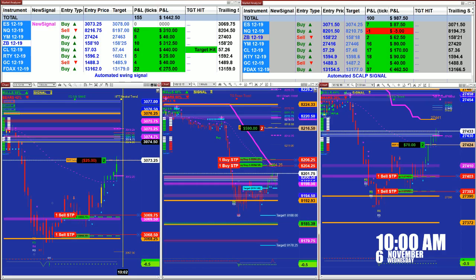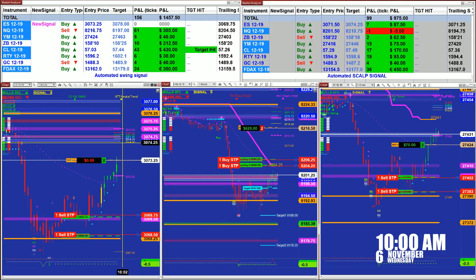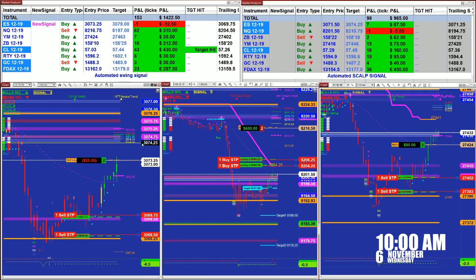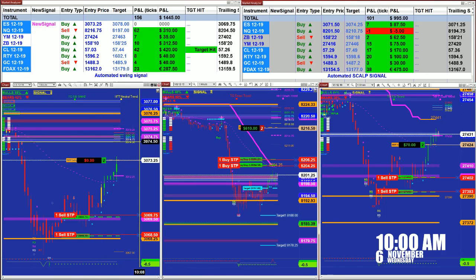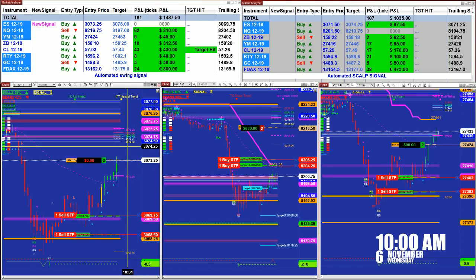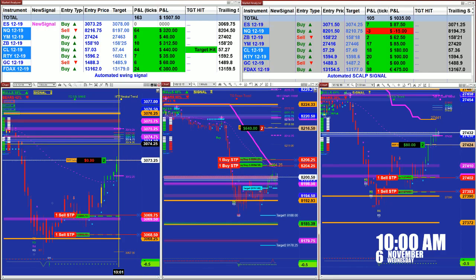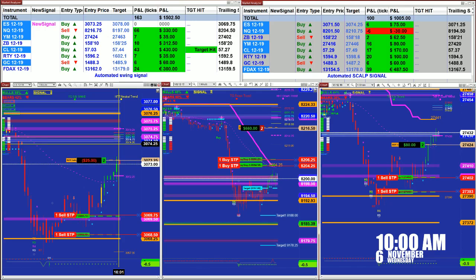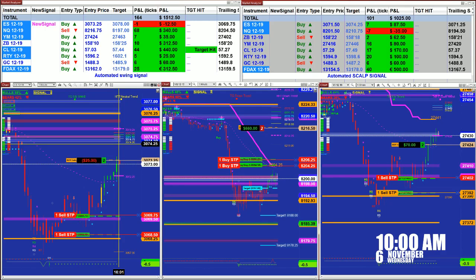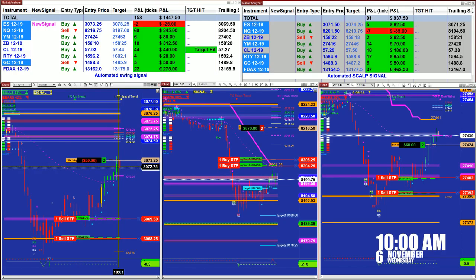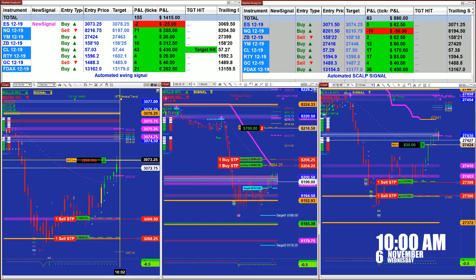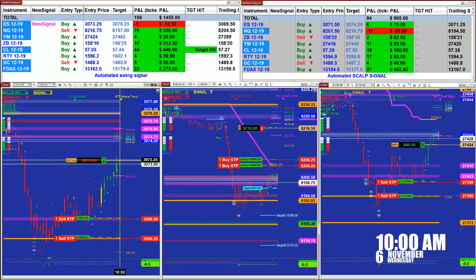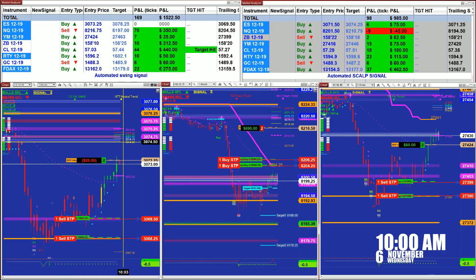So, as we see right now, the ES has fired a new signal. You can take it if you want to, but you need to exit at 74.25. Look, it started already weak. And even if the buyer is trying to push it a little bit up to confuse you, it's going to get stuck at 74.50.